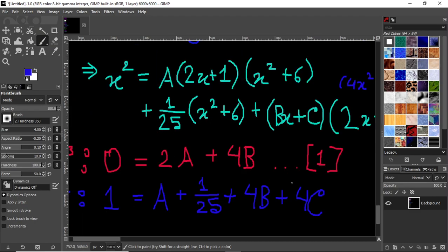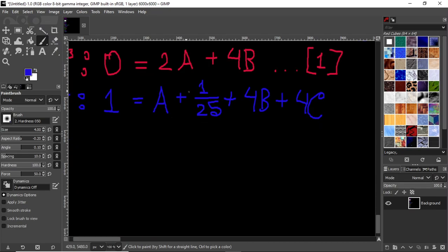All right, so that's another equation. Well, we can simplify this a bit, subtract 1 by 25 from both sides. Here you'd get 24 over 25. Okay, that's another equation. So, second equation.